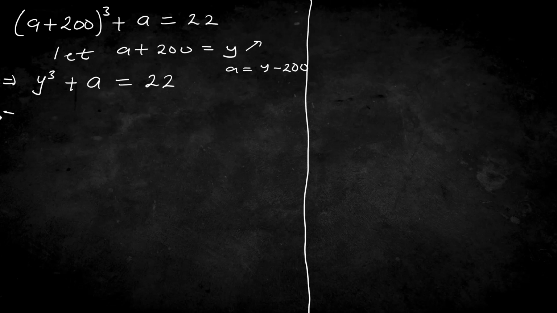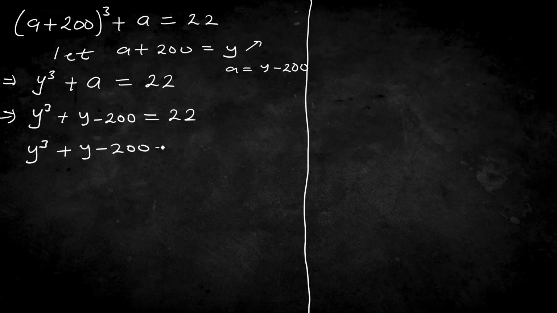So I can say that y cube plus y minus 200 equals 22. So we have y cube plus y minus 200 minus 22 equals 0.